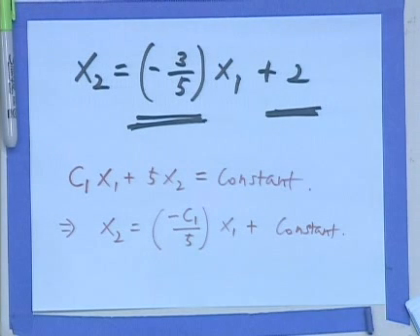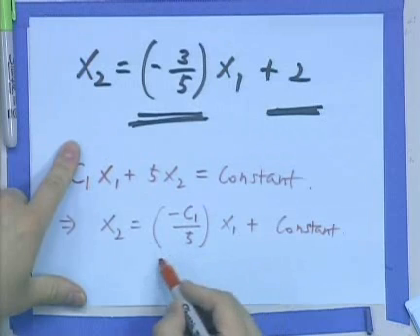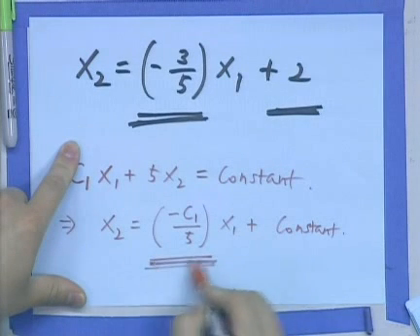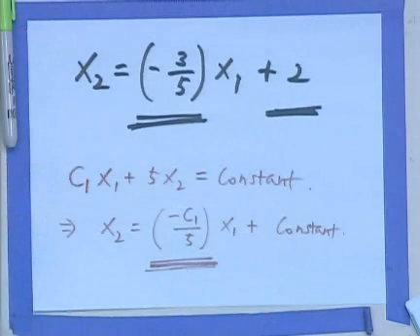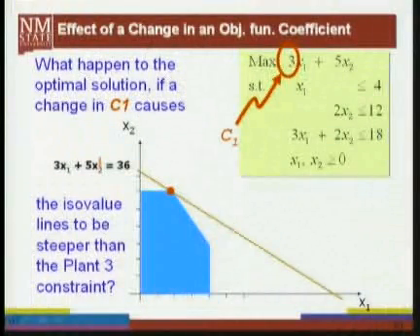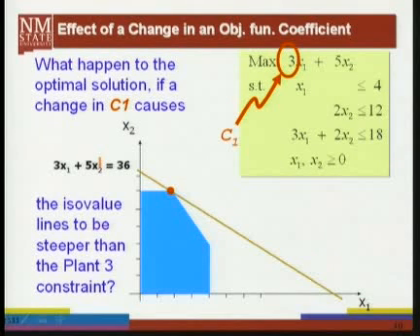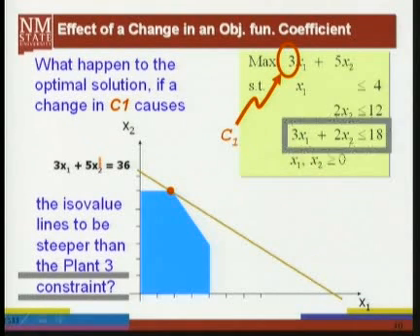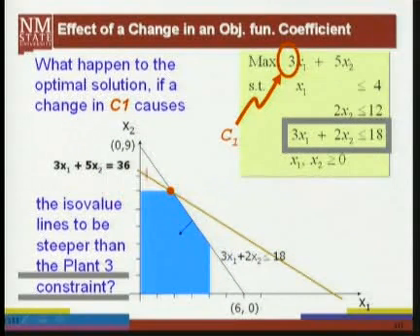And this isovalue line has a slope of negative C1 over 5. Is that correct? And suppose we change the value of C1 so that the isovalue line becomes steeper than the plant number 3 constraint. The plant number 3 constraint is here. Okay?